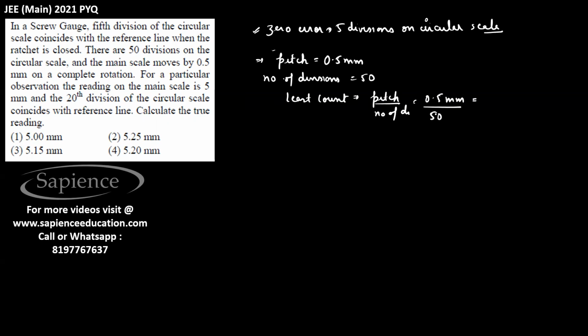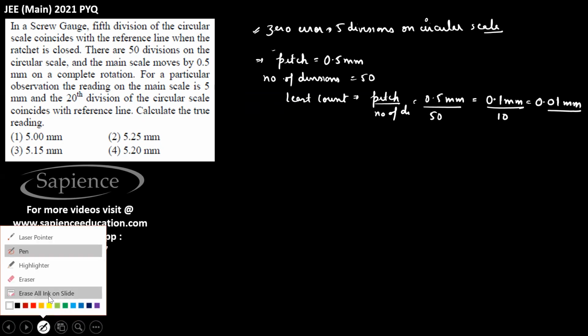So 0.5 and 5 cancel, and that is 0.01 mm, the least count.